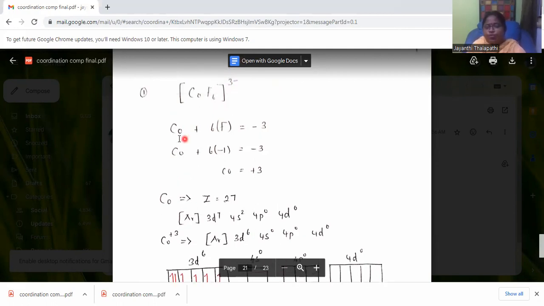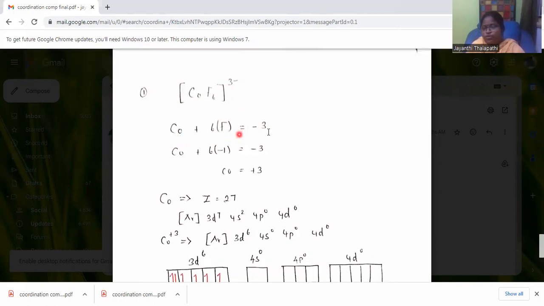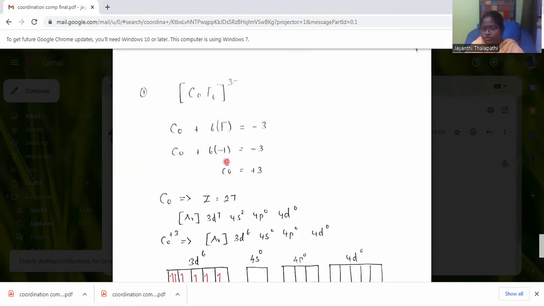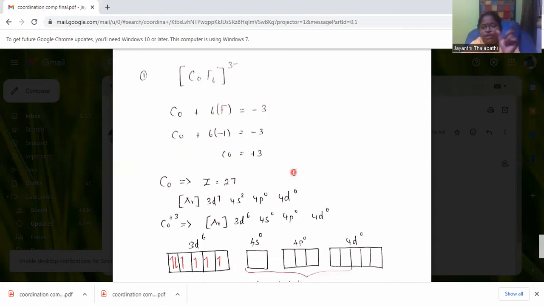So Co plus 6 fluorine is equal to minus 3. Cobalt is considered as X plus 6 into minus 1, which is minus 6, equal to minus 3. By rearranging, cobalt is plus 3. So plus 3 is the oxidation state.